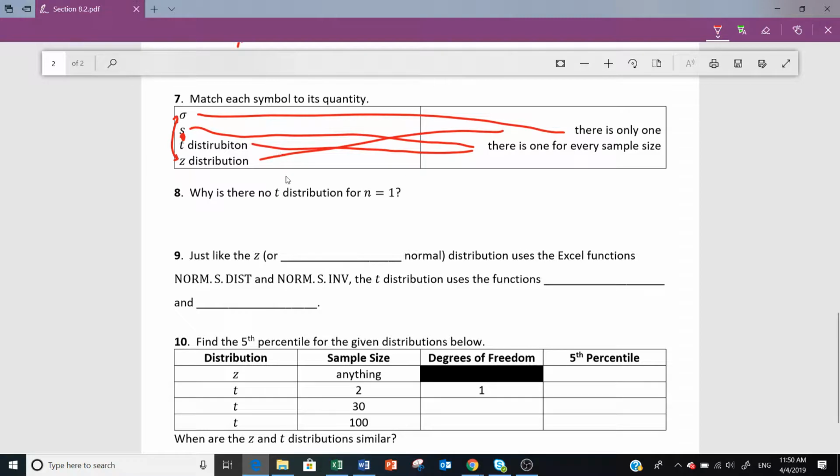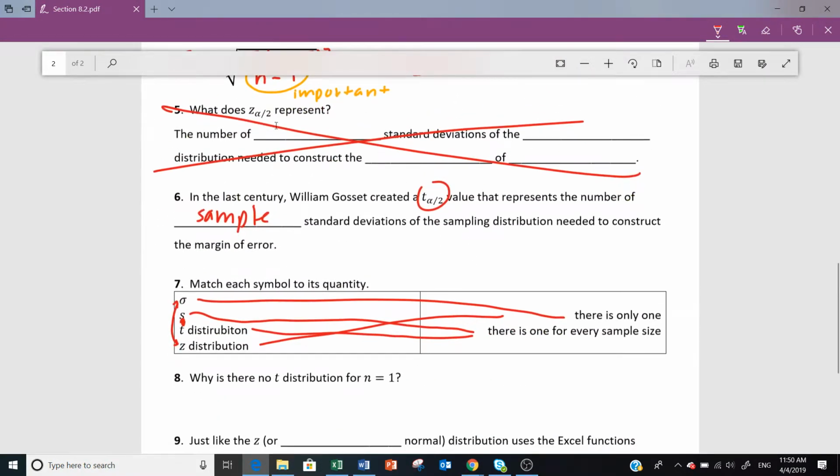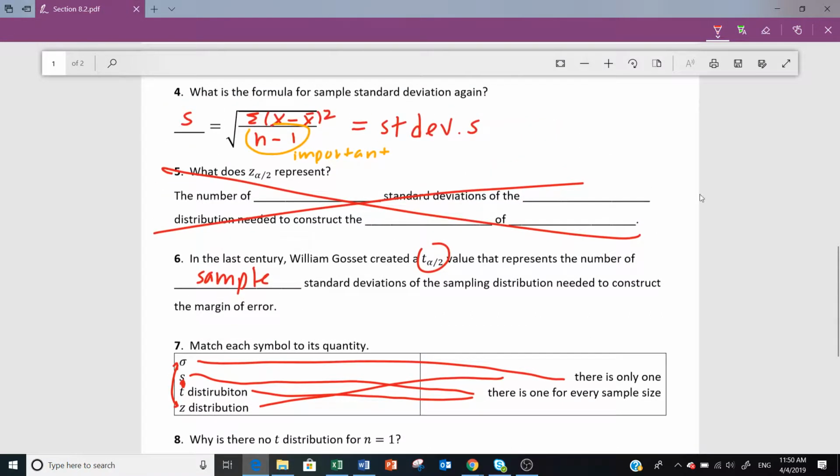Okay, first we have to say, is there a t-distribution for n equals 1? I want us to look at the sample standard deviation formula, because remember that the t-distribution goes with the sample standard deviation formula. Why is there no t-distribution for n equals 1? Think, pair, share individually. Zero at the bottom, 1 minus 1 is 0.